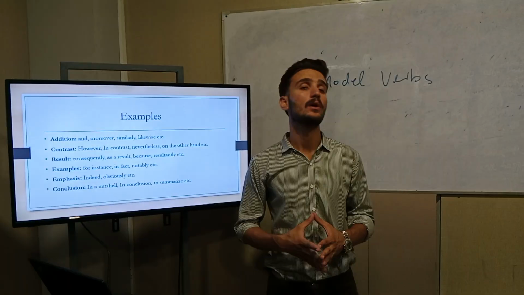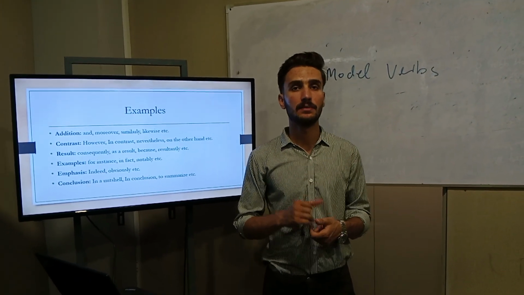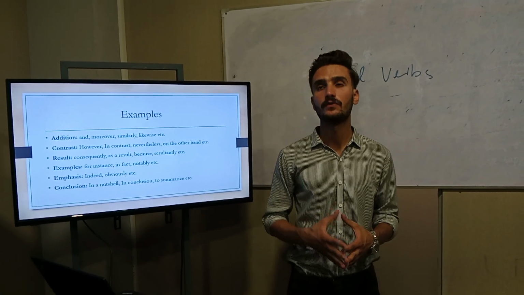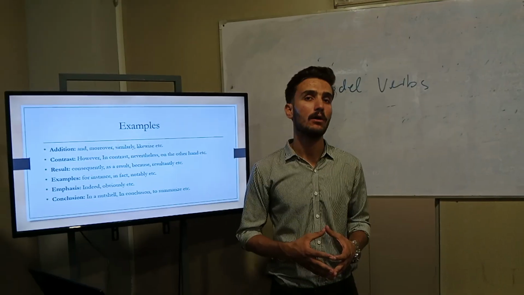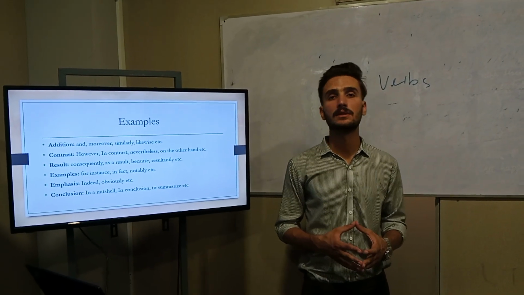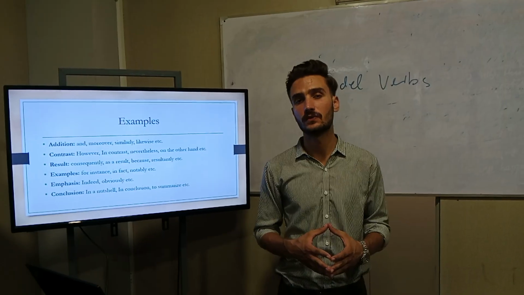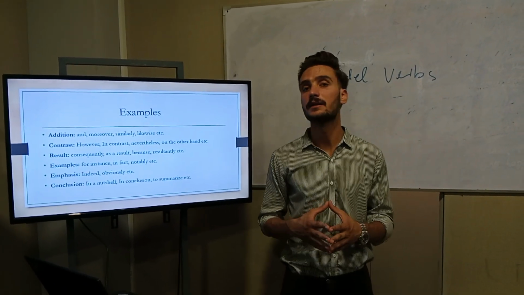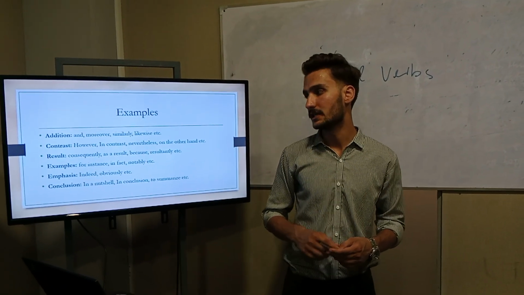Transitional devices for examples. You have different words, such as like, for instance, for example, in fact, notably, in all of these words. For example, there are different multilingual countries in this world. For example, Pakistan and India. So you are using "for example" as a transitional device of example.